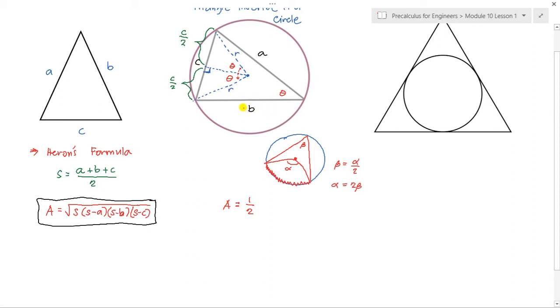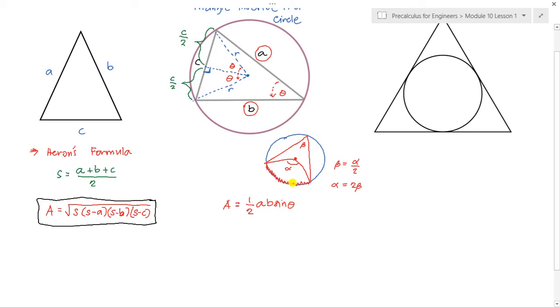Here, we will just consider these two sides, side B and side A. And what is the angle between these sides? It's theta, right? So we have AB sine of theta.